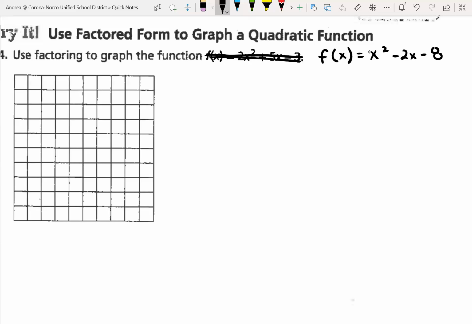So again, cross out the equation they gave you. That was really crazy. We ended up having like a decimal of 6.125, which is kind of rough to graph, just so you know. Okay, so we start by factoring, because it's asking us to graph by factoring. So let's factor this.